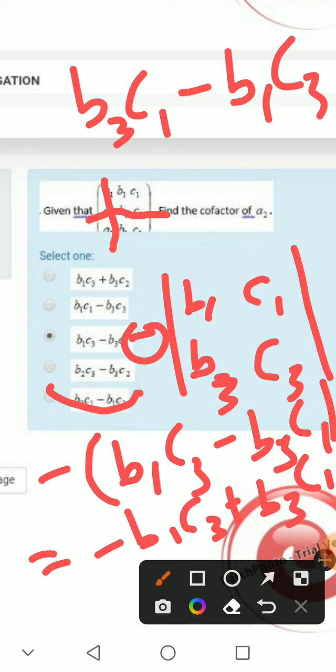Now A2 is in the first column and in the second row. So first and second, 1 plus 2 is an odd number. Whenever you add that way, odd number, it means that you're going to have minus sign, but even number is going to be a positive sign.